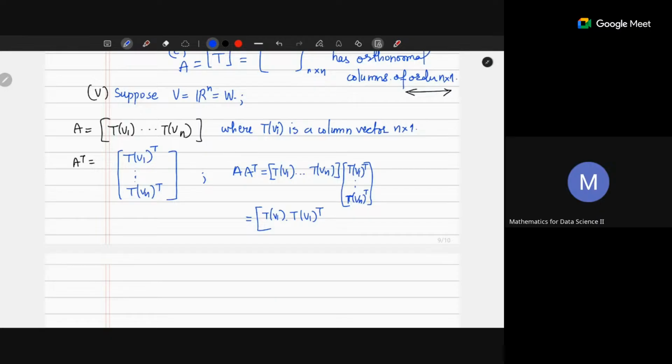If you express this column and multiply each entry, you will see that this is an n cross n matrix, and this is also an n cross n matrix.